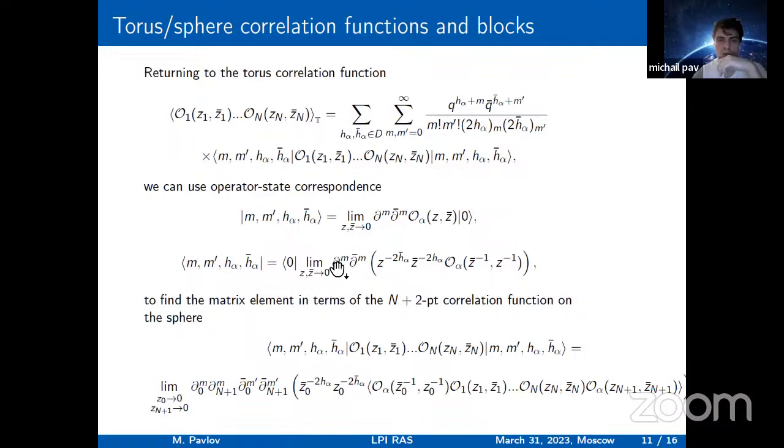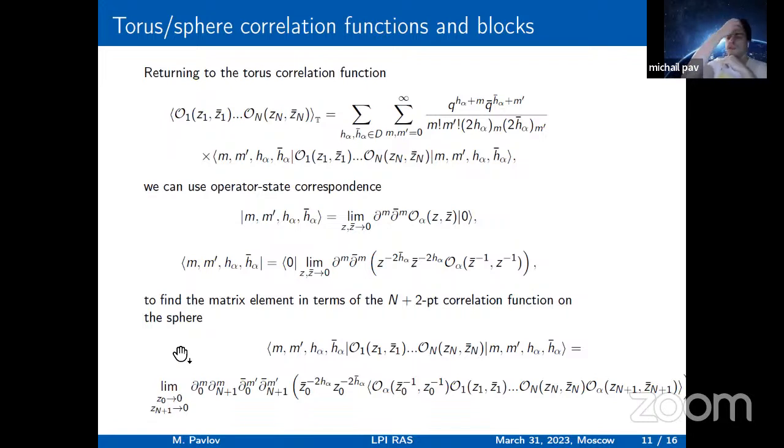The next line is just the complex conjugated version of this. And in light of this, we can express this matrix element with n operators through the n+2 correlation function, but with these derivatives and these limits.